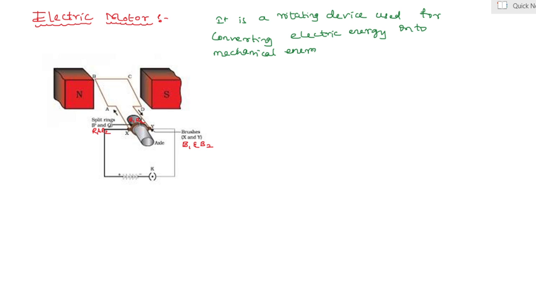Yes, my dear students, what happened here? The electrical energy is converted into mechanical energy. It means totally it is termed as a rotating device. How does it rotate? With the help of electrical energy. Electrical energy is converted into mechanical energy.